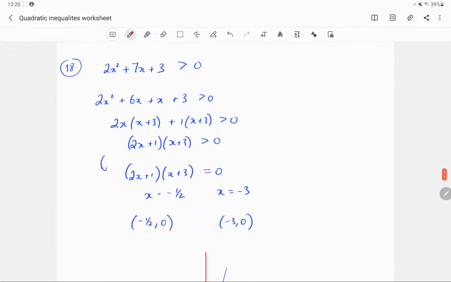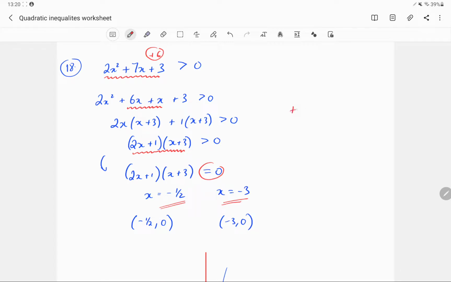So this one, question 18, is a little bit longer at the start because we have to factorize this quadratic. 2 by 3 gives us plus 6, so multiples of 6 that add to give us 7 are plus 6x and plus x. Factorize, and you get (2x plus 1)(x plus 3). Now we're going to let that equal 0 so that we get our x coordinates.